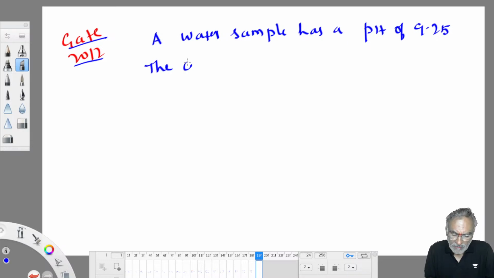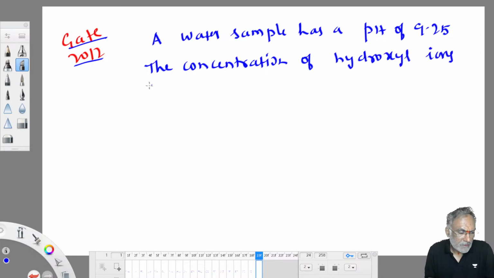The concentration of hydroxyl ions in the water sample is, options given to you.